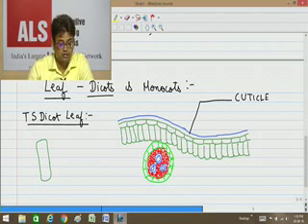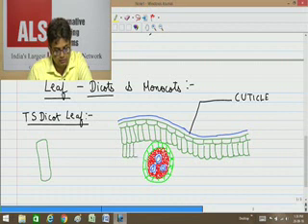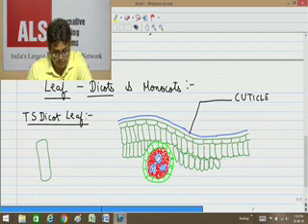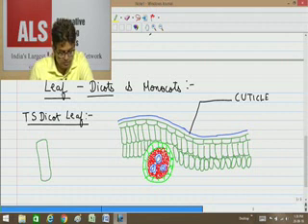Now, the remaining part, first these long cells, long cells like this. These are the palisade mesophyll cells.